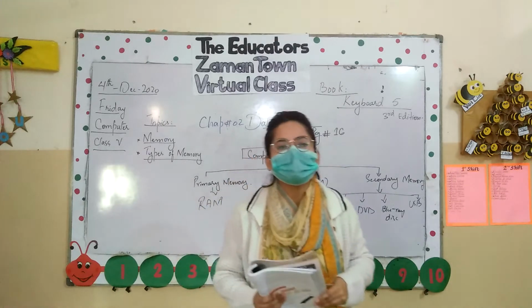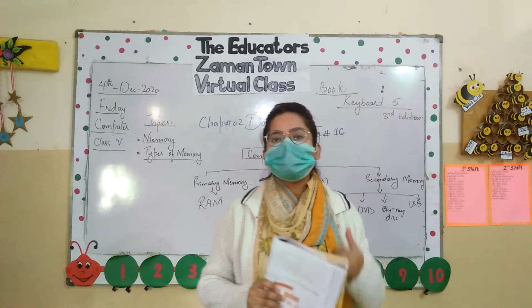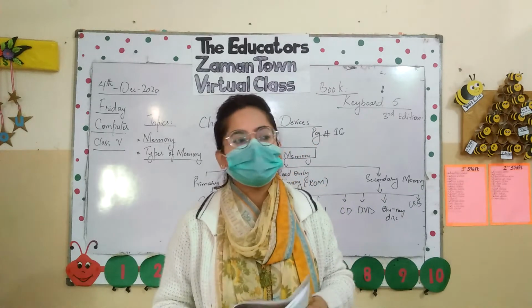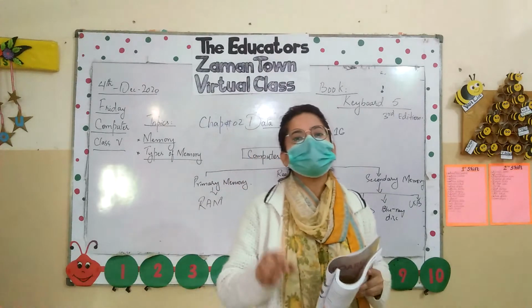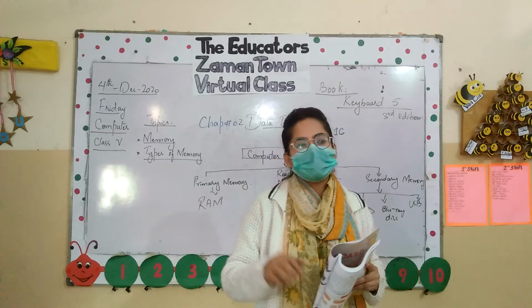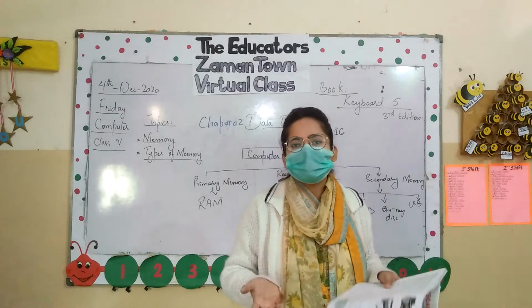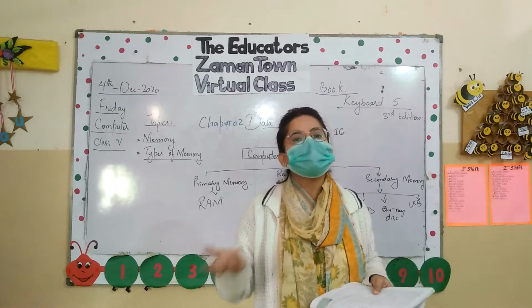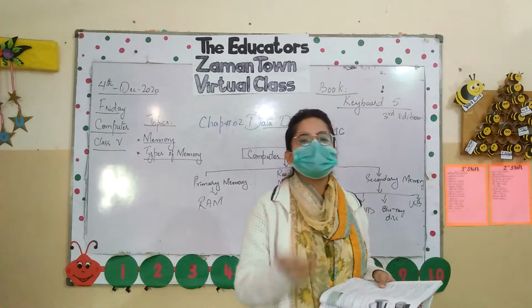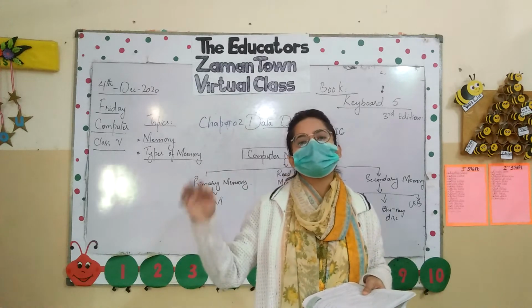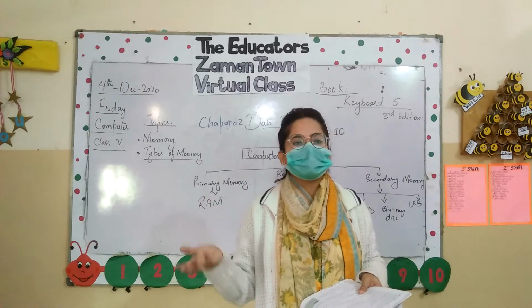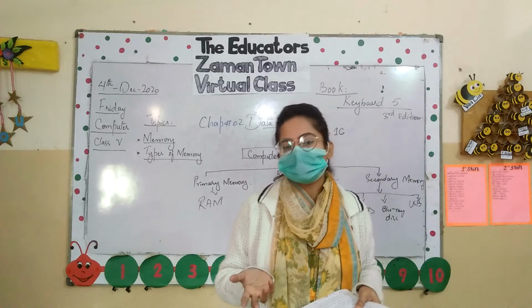I told you what is data. We have studied that data is raw facts and figures. Raw facts and figures means that it is not in an organized form; it is in an unorganized form. We have different types of data. Data can be in the form of text. For example, if I am giving you homework, do a question of this chapter and do fill in the blanks, but I am not telling you in an organized form.